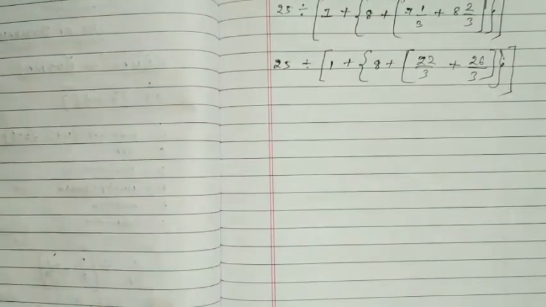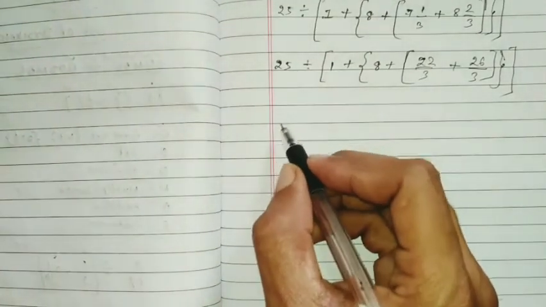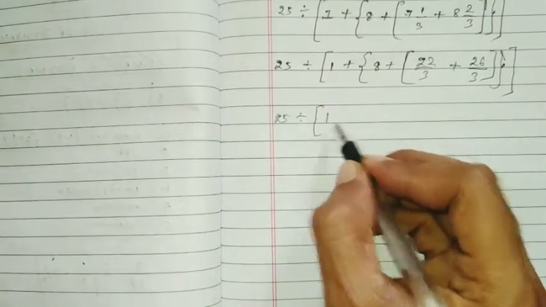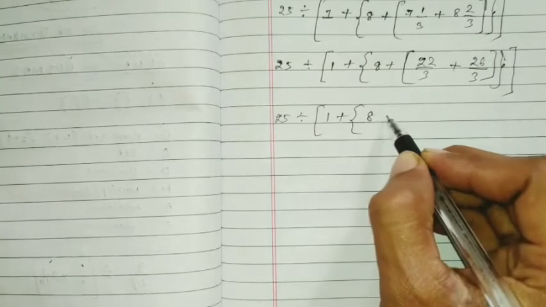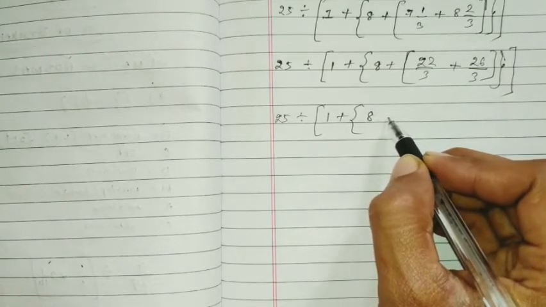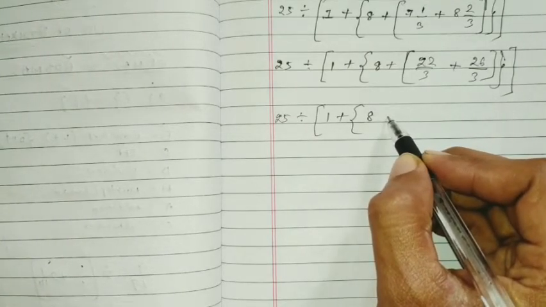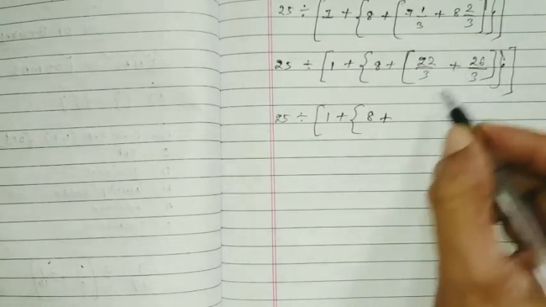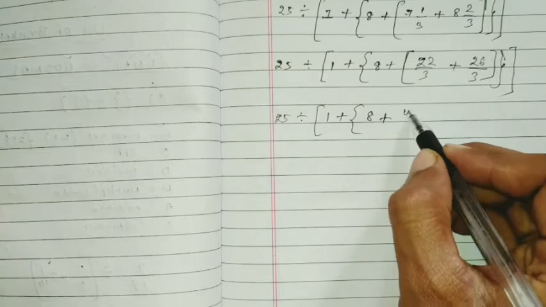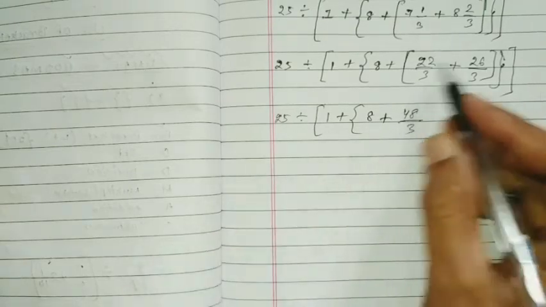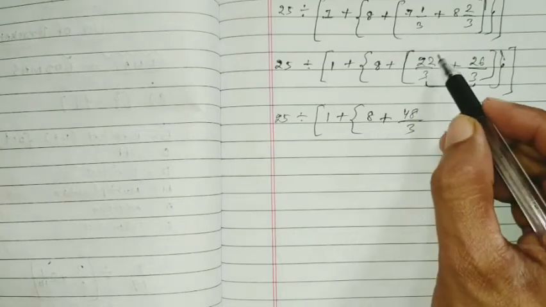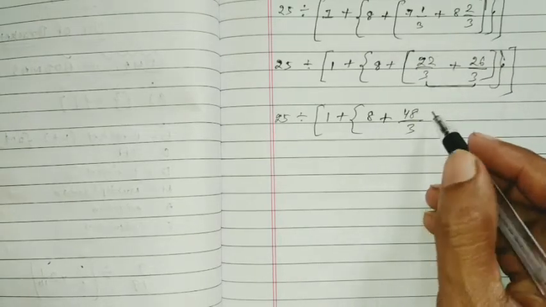Now what we have to do, 25 divided by 1 plus 8 plus, solve this one. What will be the answer? That is 48 by 3. The denominator is the same here, so directly numerator plus numerator over denominator.